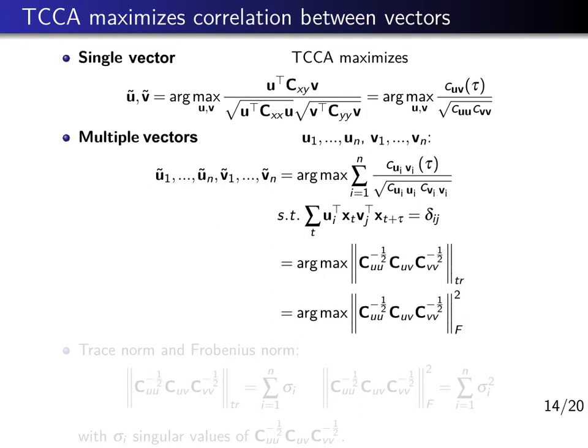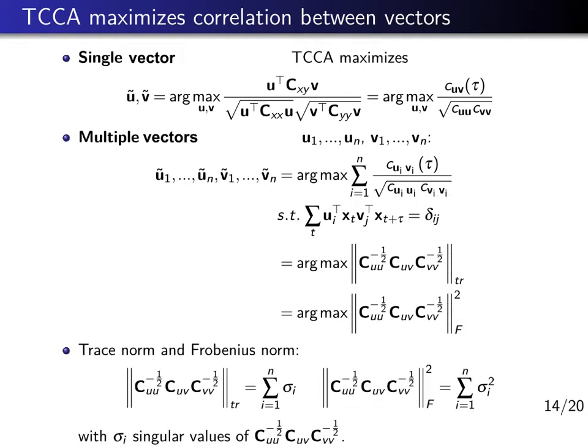And we can show that this is equivalent to maximizing one of these matrix norms, the trace norm or the Frobenius norm of the normalized covariance matrices of the latent space vectors. And down here you simply find the definition of these trace and Frobenius norms. Those are simply the sums of the singular values or the singular values squared.